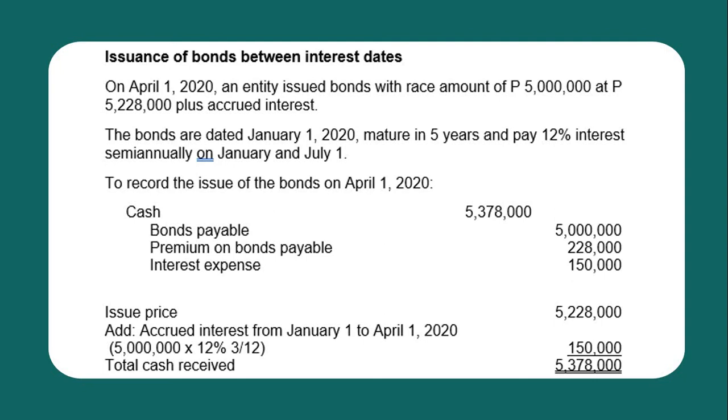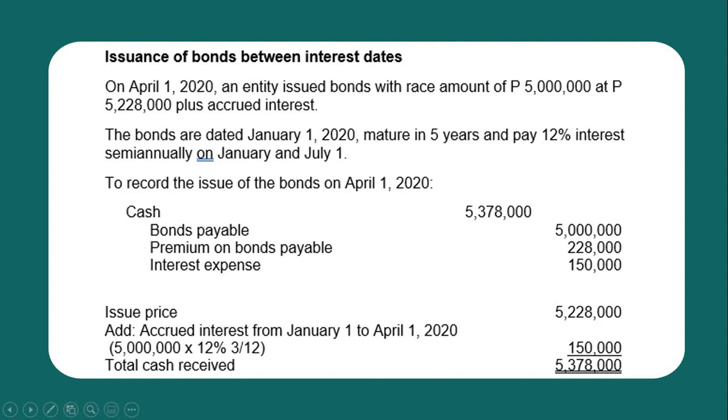So the interest accrued is from January 1 to April 1. So again, the total the issuing entity will receive from the investor will include the issue price plus the accrued interest from the last interest date until the issuance date. In this example, the issue price is 5,228,000.